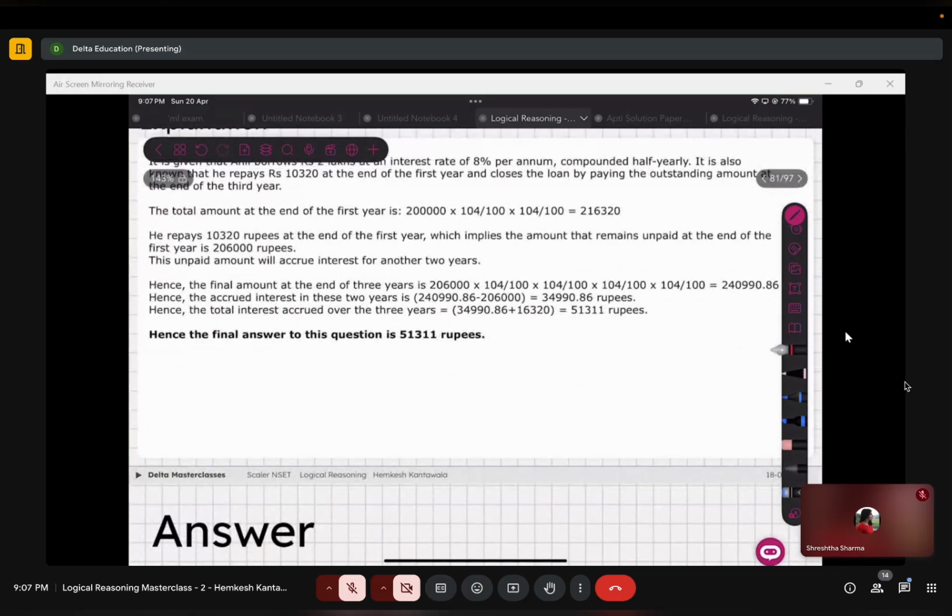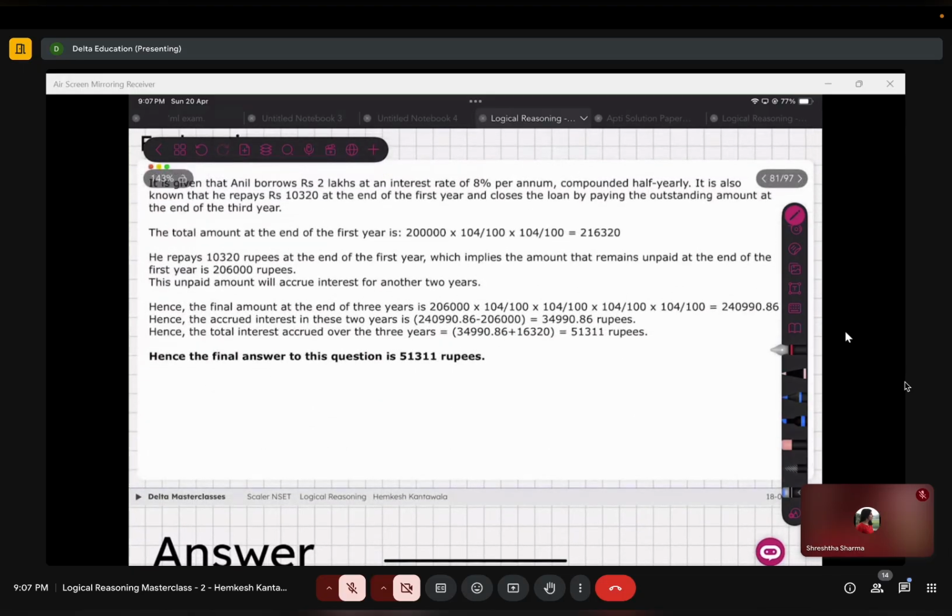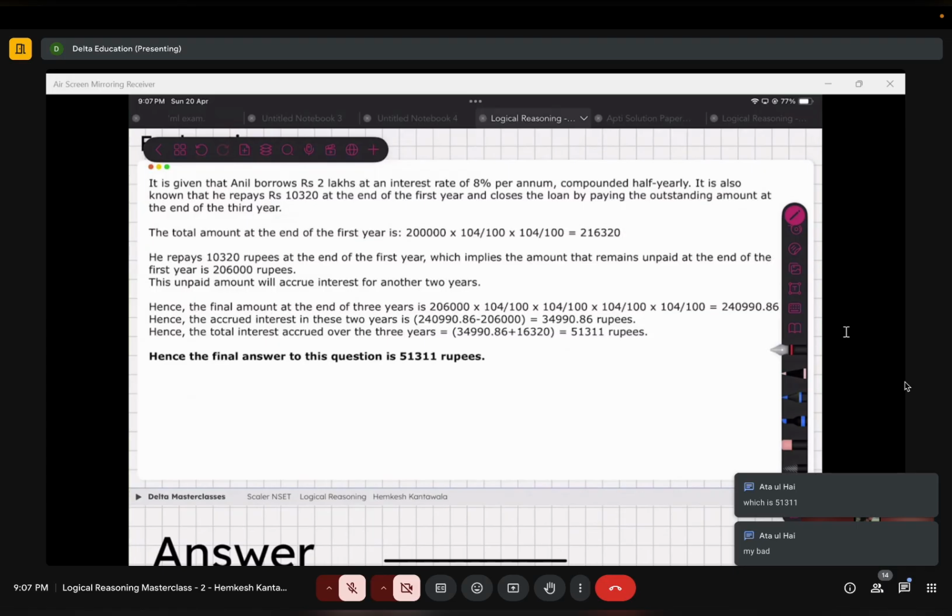Or are we getting the answer itself? If I do the sum, let me also use the calculator. 34990 plus 1632.86.